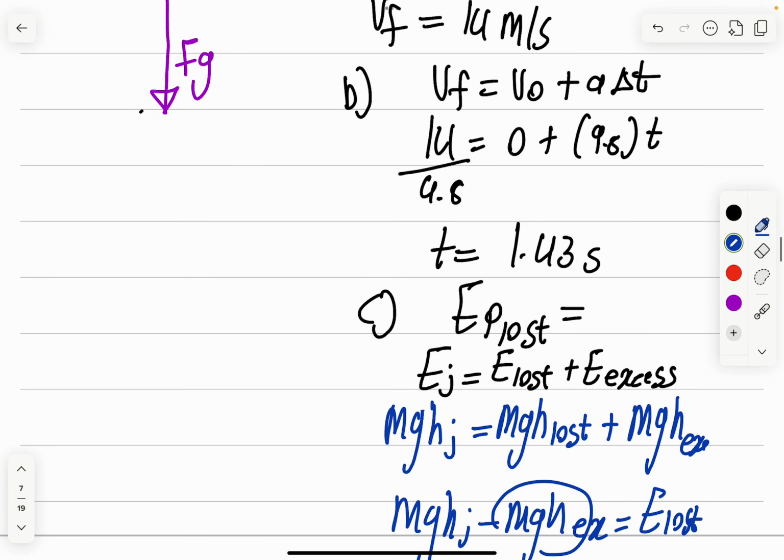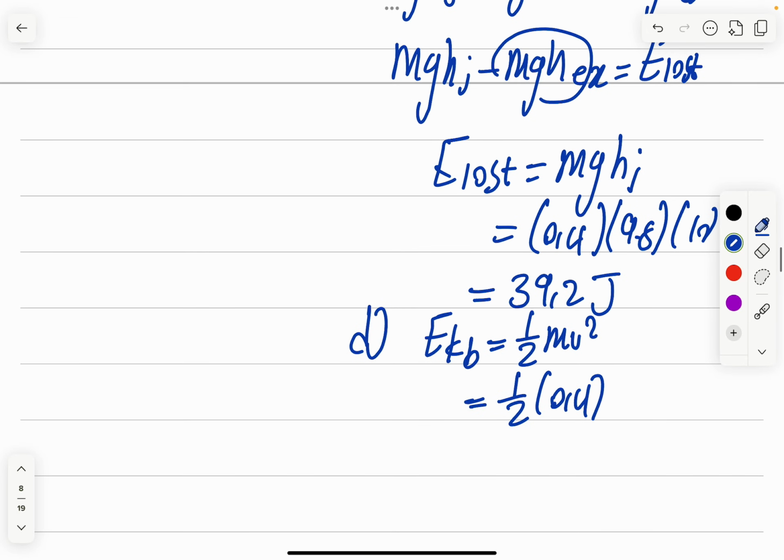Yeah, it's 0.4, multiplied by 14 all squared. So I'm going to have 1 over 2 and then 0.4 times 14 all squared. Your answer is going to be 39 point what? 39, let me press again.